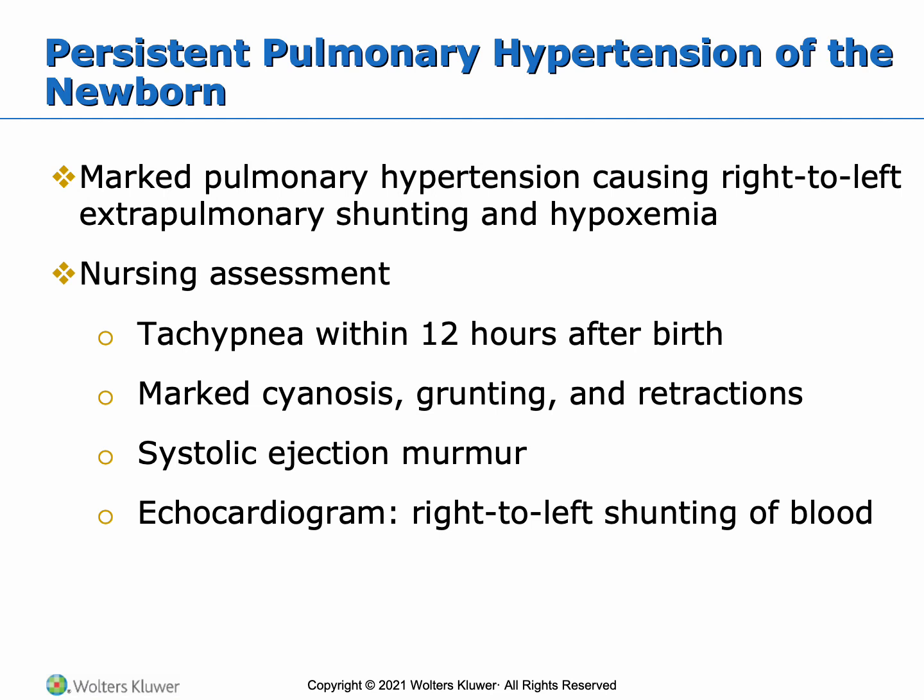The overall result is that the newborn ends up with systemic arterial hypoxemia. You will probably see them having tachypnea within 12 hours after birth, marked cyanosis, grunting and retractions, a murmur, and you will see in an echocardiogram right to left shunting of the blood.